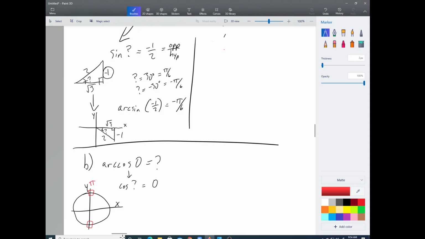So that was at pi over 2. And the way we're thinking about this right now, this is going to be a negative pi over 2, even though we're more used to seeing that as 3 pi over 2. They're coterminal angles. And based on what we wrote earlier, which one of those falls into the range of our arc cosine?